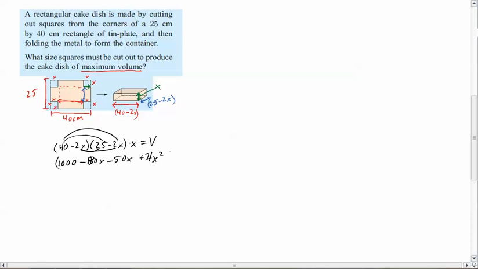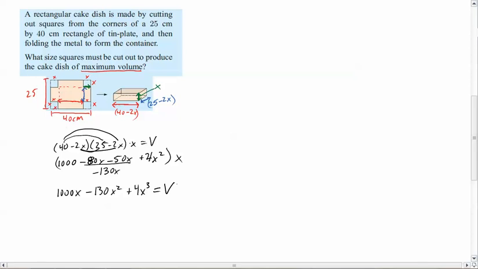Yeah, you thought I was going to write it too, didn't you? Okay, and we still got the x on the outside. We can put those together to give us negative 130x. So now I'm going to distribute the x in there, and so I'm going to write it as 1,000x minus 130x squared plus 4x cubed, because this x has to distribute to everything in there. That's still equal to the volume.